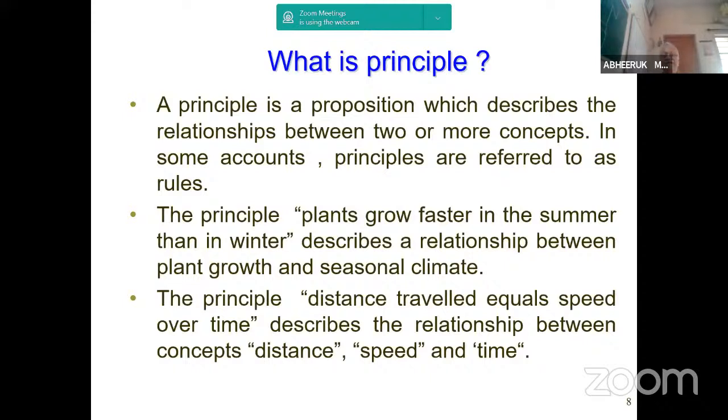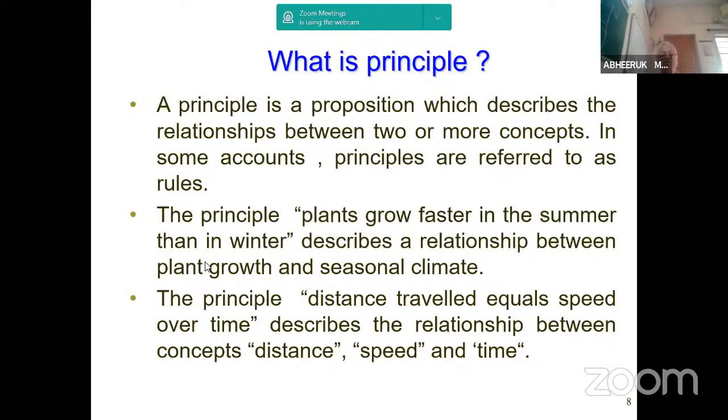Here is one principle: plants grow faster in summer than in winter. This may be an observed thing, and maybe experimentally you can find it out by collecting data. It describes a relationship between plant growth and seasonal climate.